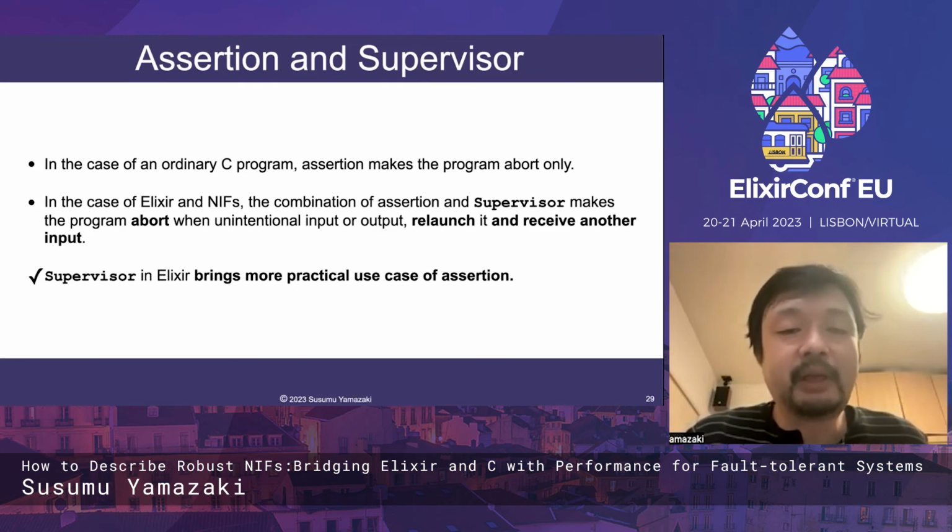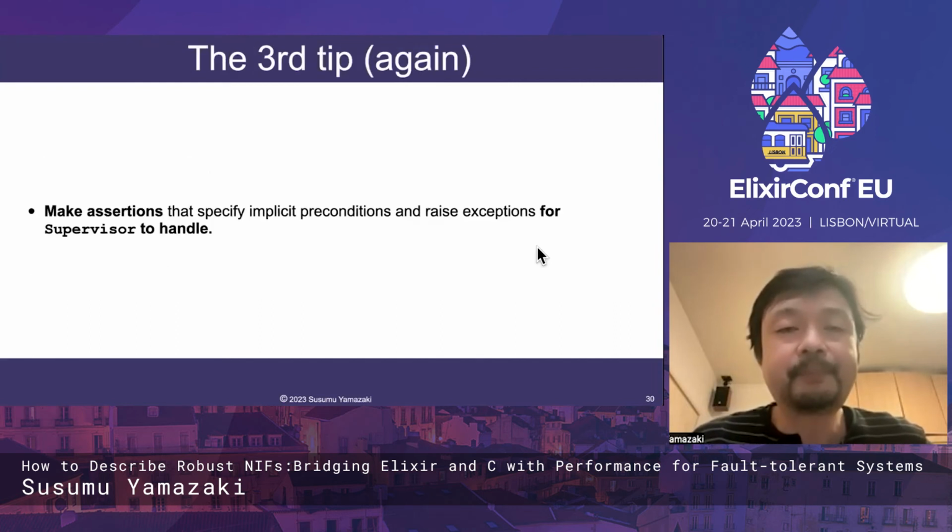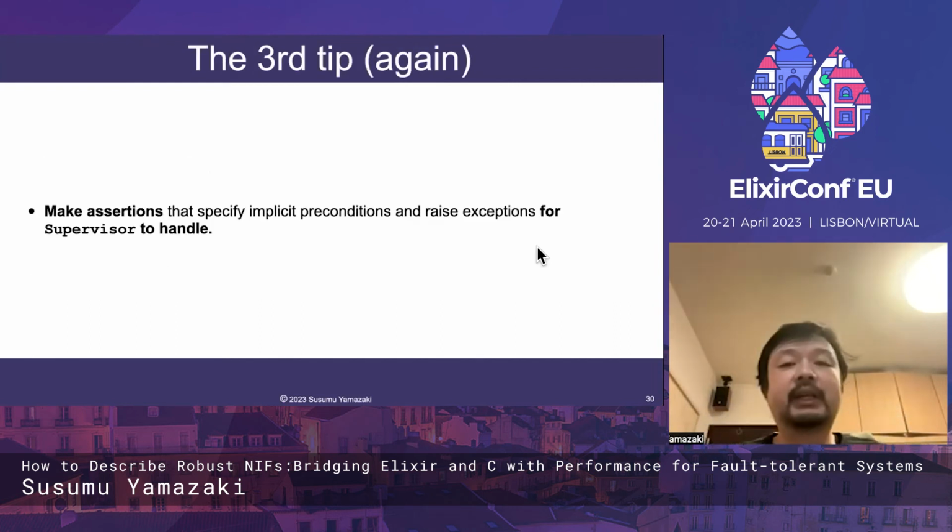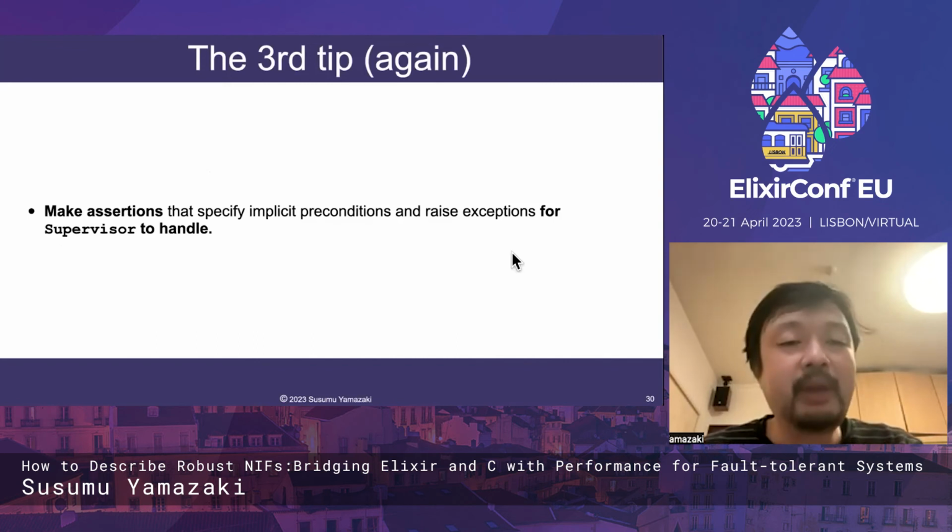Supervisors in Elixir bring a more practical use case of assertion. Then the third tip again: make assertions that specify implicit preconditions and raise exceptions for the supervisor to handle.